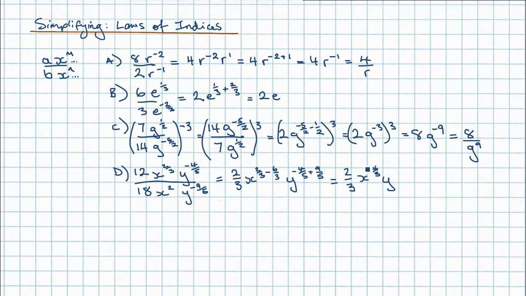So we're nearly done, but we don't want to leave a negative index, so to fully simplify we must get rid of these negatives. So just to finish, we need to put the x back in the denominator position. So we have 2y in the numerator, and in the denominator we have 3x to the 4/3. So there we go. A nice simplified expression.